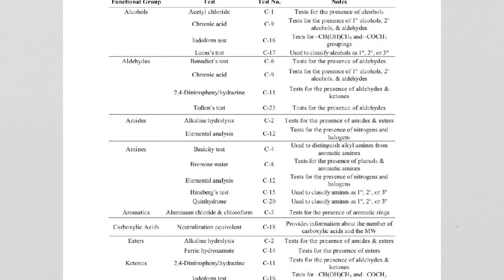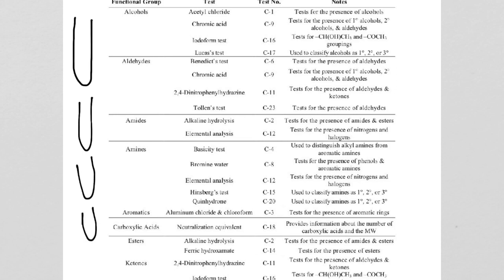What we mean by chemical tests is the idea that if you had your unknown, you would put it into a test tube or into a series of test tubes. And then you would say, okay, I want to know if I have an alcohol, so I'm going to do a chromic acid test. In this test tube, you would add a solution of chromic acid to it.